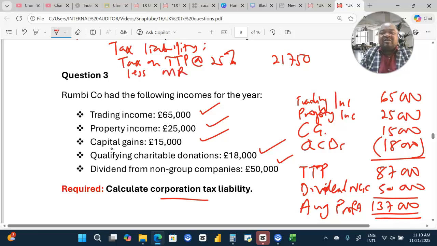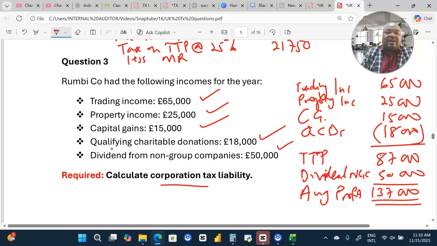All right, the marginal relief, we have the formula. For MR, you can just say working one.